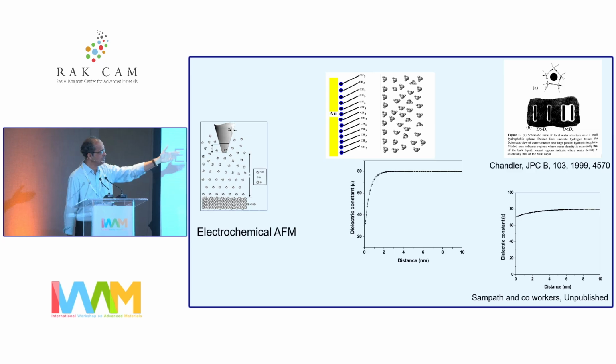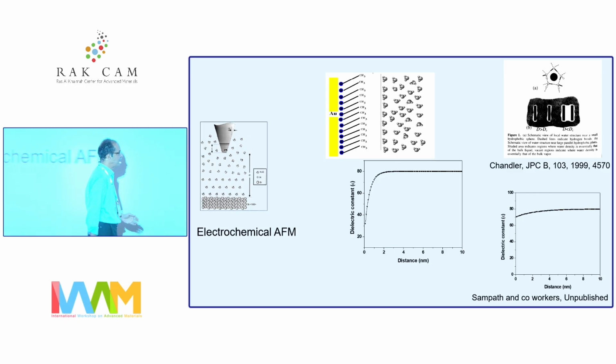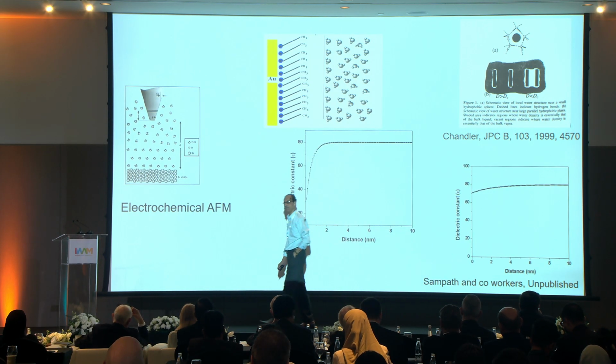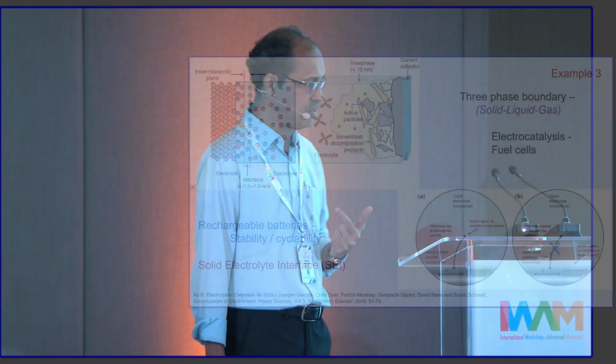And what you see on the other side is a control experiment wherein you do have a hydrophilic surface having more or less the kind of dielectric constant that one would expect in the bulk of the solution. So the surface matters a lot in terms of what happens at the interface. There's another example to say the interface is important.